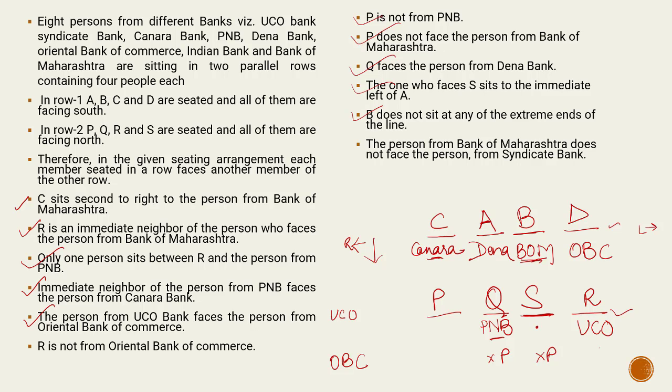The person from Bank of Maharashtra does not face the person from Syndicate Bank, so I cannot place Syndicate Bank in front of Bank of Maharashtra. So Syndicate Bank could be allotted to P, and S would belong to the remaining bank, which in this case is Indian Bank.